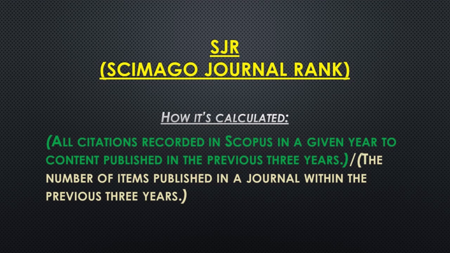So, a citation from a journal with a high SJR value is worth more than a citation from a journal with a low SJR value. How it's calculated: all citations recorded in Scopus in a given year to content published in the previous 3 years, divided by the number of items published in a journal within the previous 3 years.